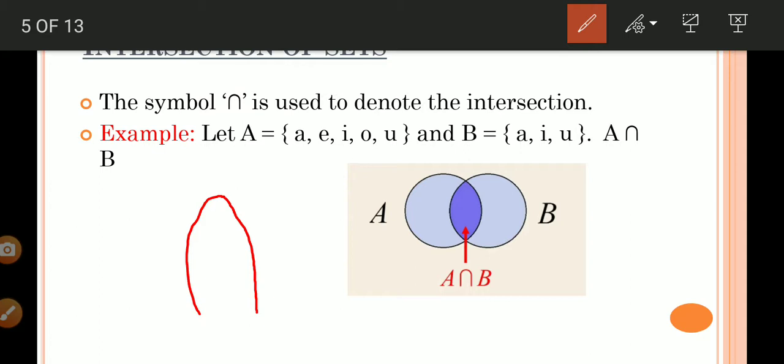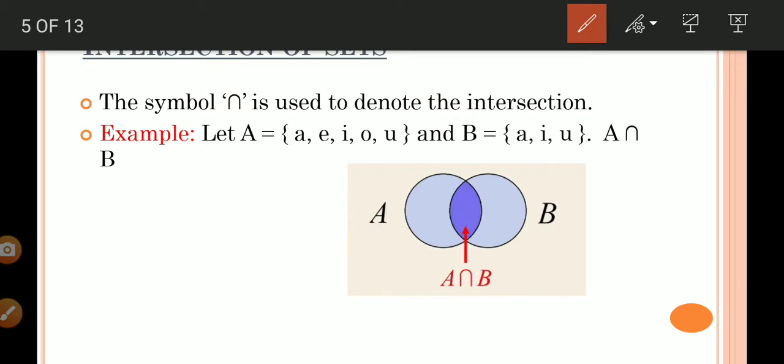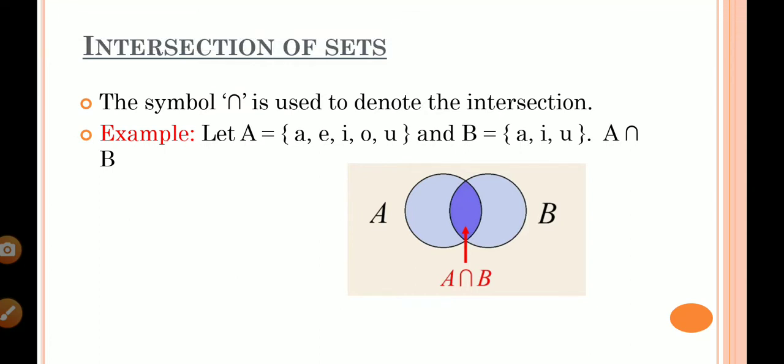If I take the example A = {A, E, I, O, U} and B = {A, I, U}, how will you write A ∩ B? What is the definition of the intersection? The intersection of the sets A and B is the set of all the elements which are common to both A and B. Which letters are common to both A and B?